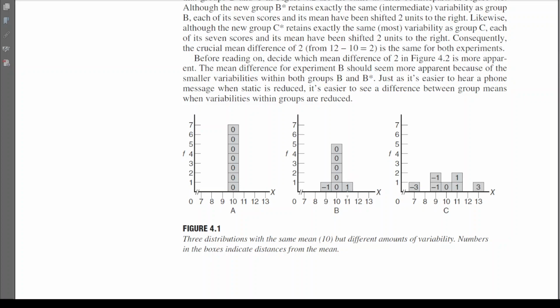For distribution C, there are two scores which are labeled -1, which means there are two scores which are 1 unit less than the mean. There are two scores which are labeled 1, which signifies that there are two scores which are 1 unit greater than the mean.